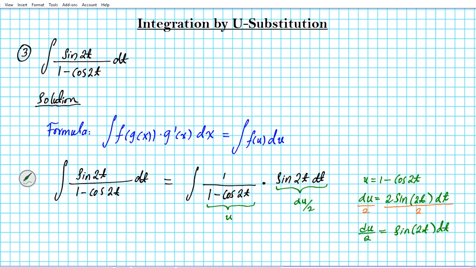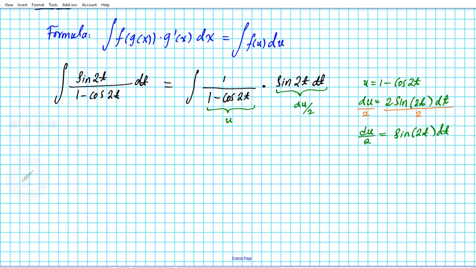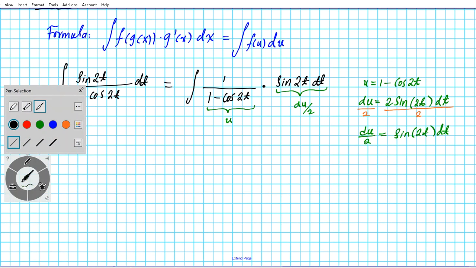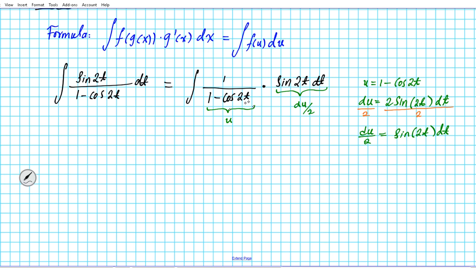Now let's go ahead and make our U substitution. When we carry out our U substitution, this complicated integral is now going to become the integral of 1 over u for this portion, and then g prime is going to be du over 2.